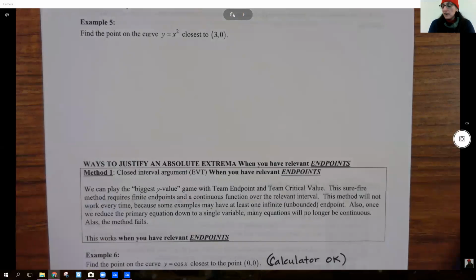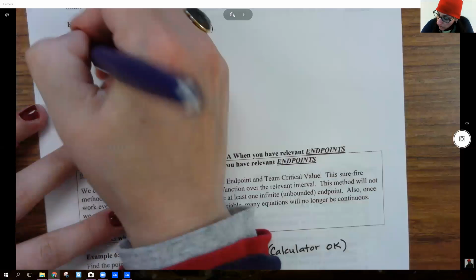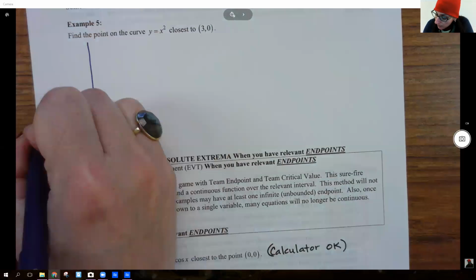Let's see what we got going on here. So find the point on the curve closest to 3, 0. Well, let's draw the curve. So this is x squared. We all should know what x squared looks like.